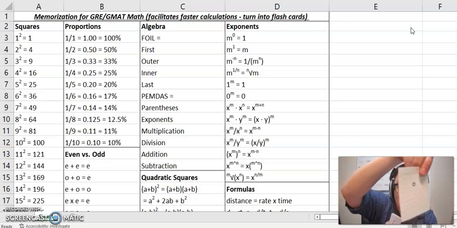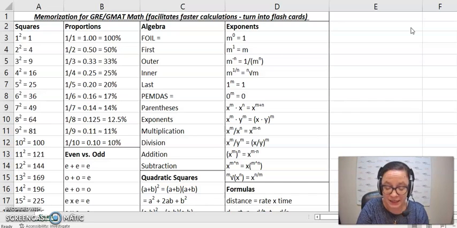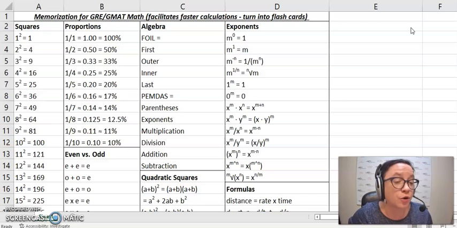Because memorizing that with the same kind of automaticity that we expect of students with their English language words in just speech, reading, writing, and listening is also going to be important at improving their speed on the math section of the test. So I've got those numerical equivalencies listed here on this memorization sheet.